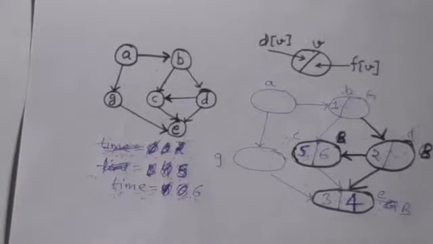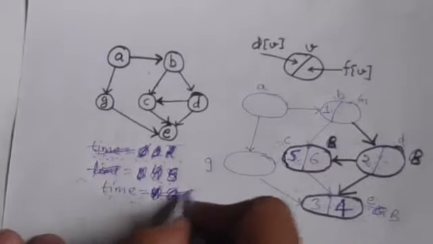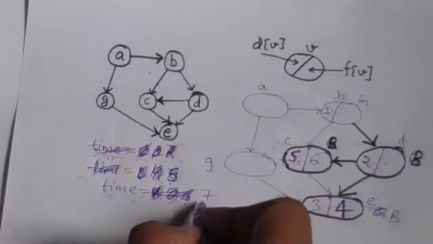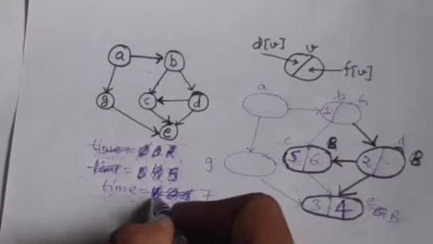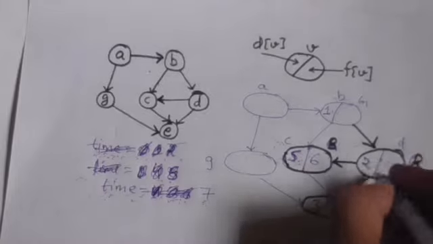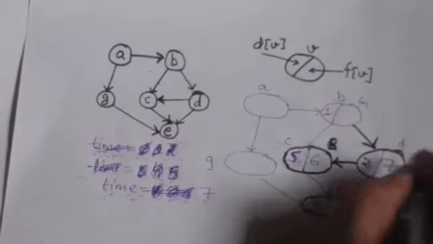And we will increase the value of variable time by 1, right? Now the value of variable time has become 7, right? Now this value of variable time will be set as the finishing time of vertex D. So the finishing time of vertex D is 7, right?